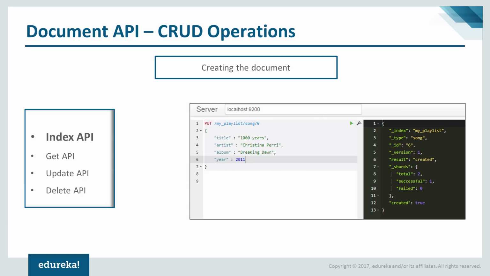Let me show you this in my lab environment. First, let me give you an idea about what this query is doing. We are importing this document into the index, and the document will contain information like title, artist, album, and year.